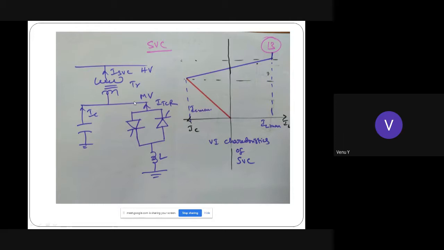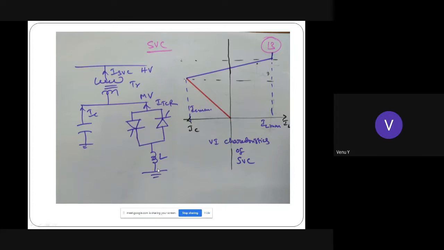At the medium voltage bus, you have connected the SVC. The SVC has a combination of fixed capacitor FC and TCR, thyristor controlled reactor. The fixed capacitor supplies current IC to the system, and the TCR supplies current ITCR to the system. The ITCR is a function of alpha, the firing angle of the anti-parallel combination of thyristors.